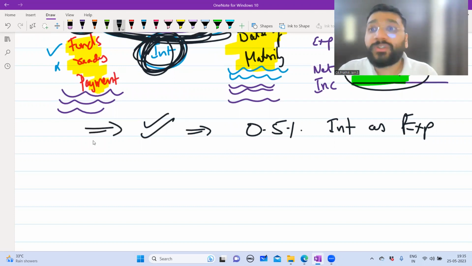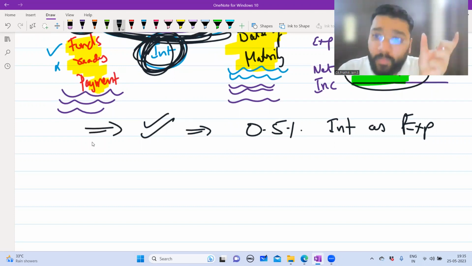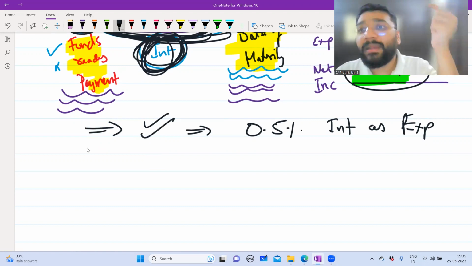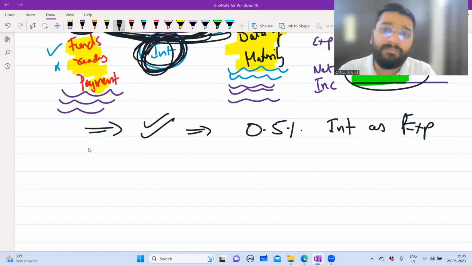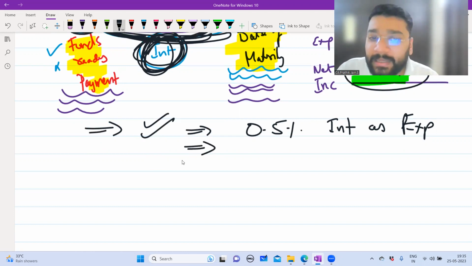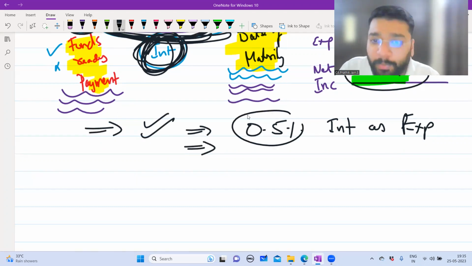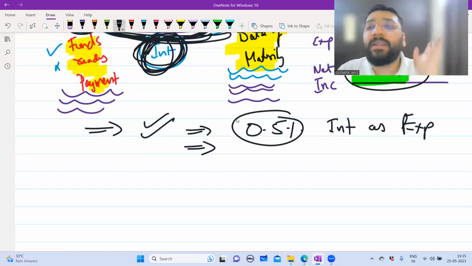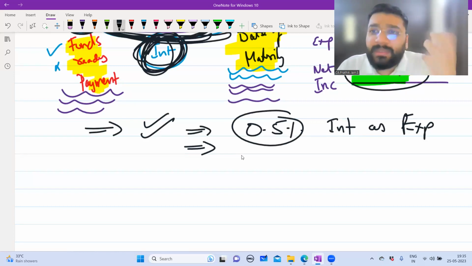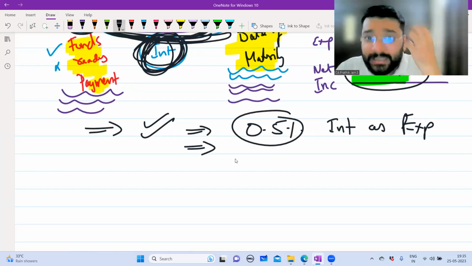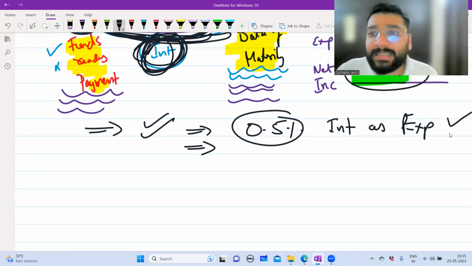So if I feel that I'm getting this money 1 month early, and by investing it in my business or somewhere else I'm getting an income more than this 0.5%, why will I say no to this? Obviously, I'll say yes, give me the money, because by getting this money early, you're spending 0.5% as expense, and the income you're earning is 1%.